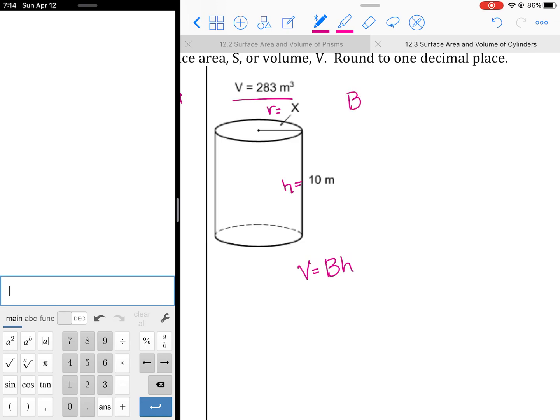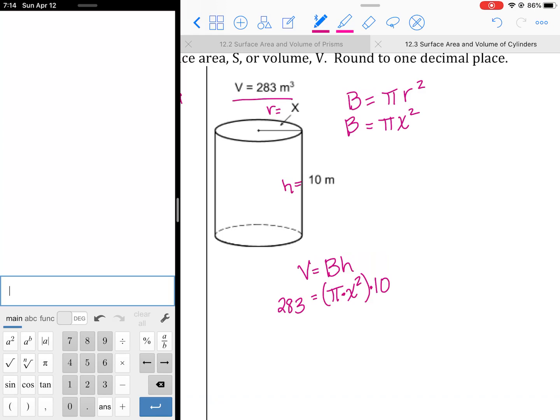So the area of the base is pi r squared. But all I'm doing is replacing that r with an x because I was given the variable there. So when I plug that into my formula, I'm going to have pi times x squared times the height of 10. I'm also going to plug in the volume on the other side of the equation, which was 283. So I kind of got a problem here because my variable's under that exponent.